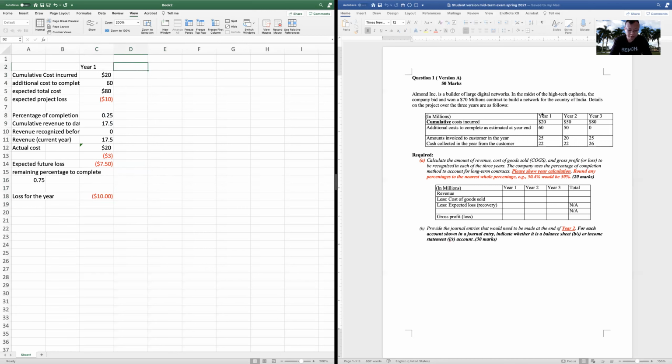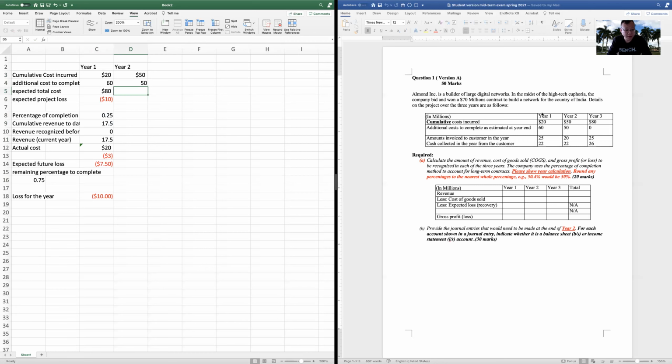Okay, year two. I don't have a mouse, so I'm kind of clumsy now, but in year two the cumulative cost is now 50. Additional cost to complete is 50.